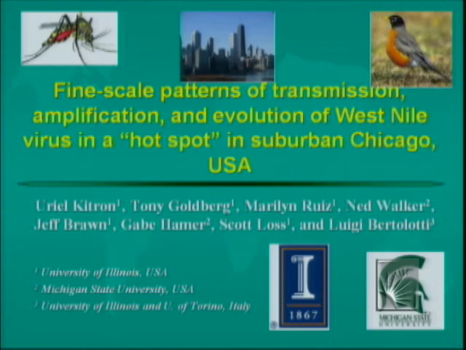That is a study that we have been doing for the last 3 years, supported by the NIH NSF program. Big collaborative group from University of Illinois, Michigan State University, people from University of Torino in Italy that have visited, and many units within the University of Illinois as well, and the Illinois Public Health Department that should be here as well.